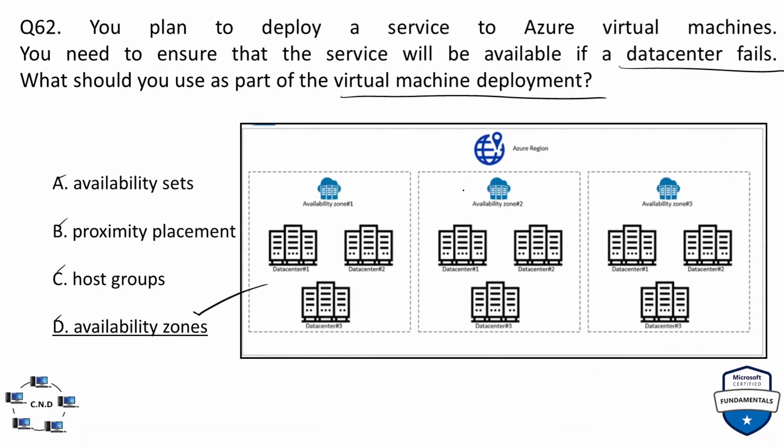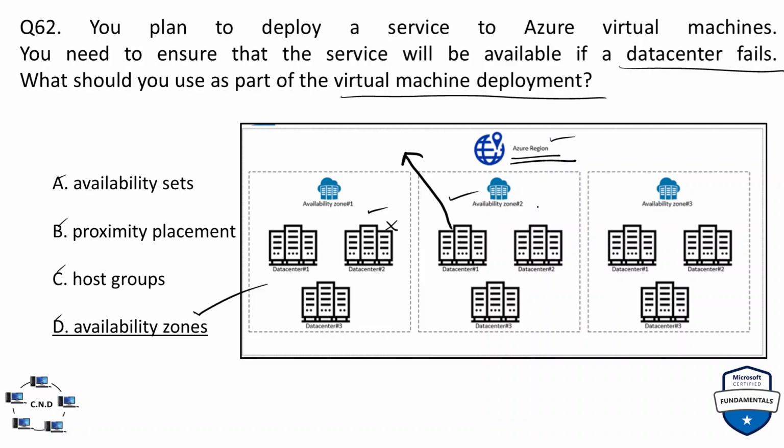So again, I have already used this diagram. So the availability zones are basically multiple geographical regions inside the Azure region, and each availability zone then contains one or multiple data centers. So let's suppose you deploy the virtual machine or the specific service across multiple availability zones. If one data center fails, the service can be made available from the second availability zone and the secondary data center.